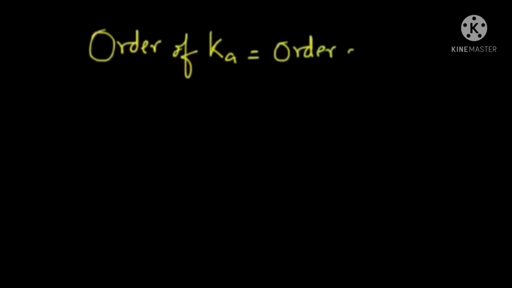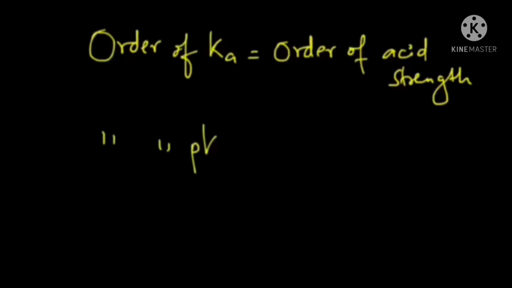So to summarize, order of Ka is the same as the order of acidity or acid strength, whereas the order of pKa is the reverse of the order of acid strength.